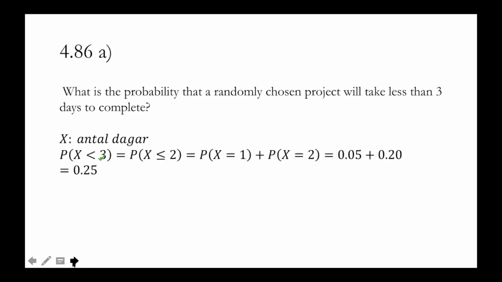What is the probability that a randomly chosen project will take less than 3 days to complete? So we define our x as, it's in Swedish, but it's the number of days, antal dagar. So the question will be, what is the probability that the number of days is lower than 3? And it's the same thing as being equal or lower than 2.